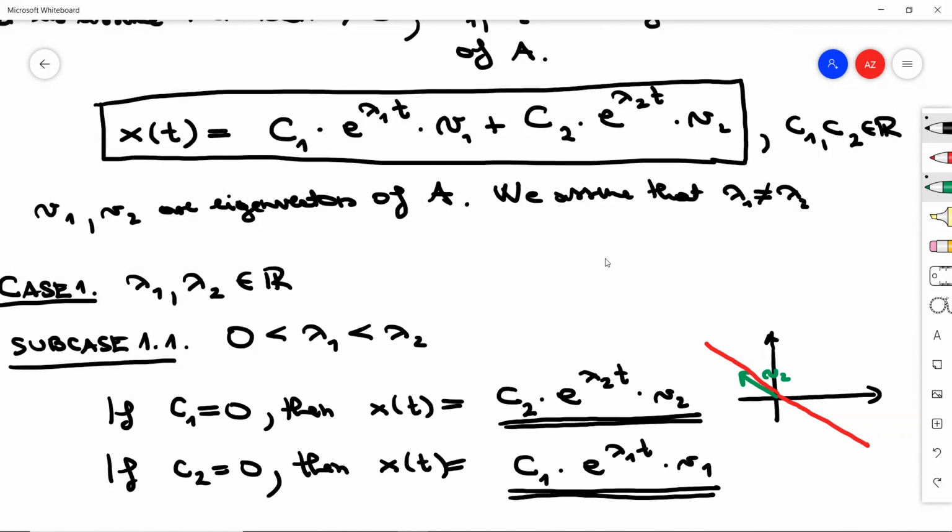Before I draw it, let's think: I fixed V2. Where should I draw V1? Is it arbitrary? Can I draw it in any direction? I will draw a few possible directions, here or here. We know that V1 and V2 are linearly independent, so the only condition is that V1 doesn't lie on the red line. V1 could be any of those. These are, for example, candidates for V1, but only one is correct.